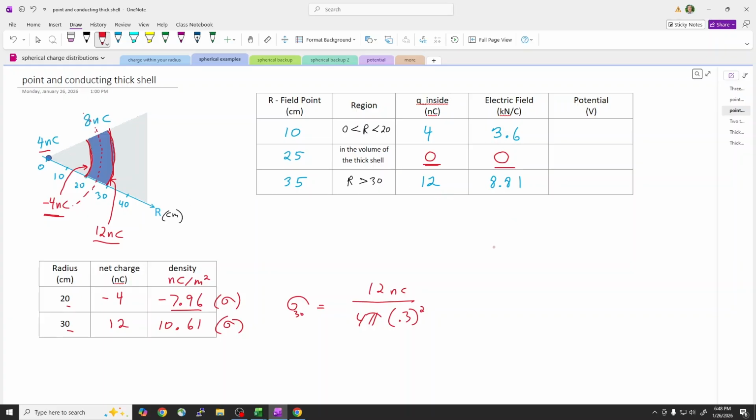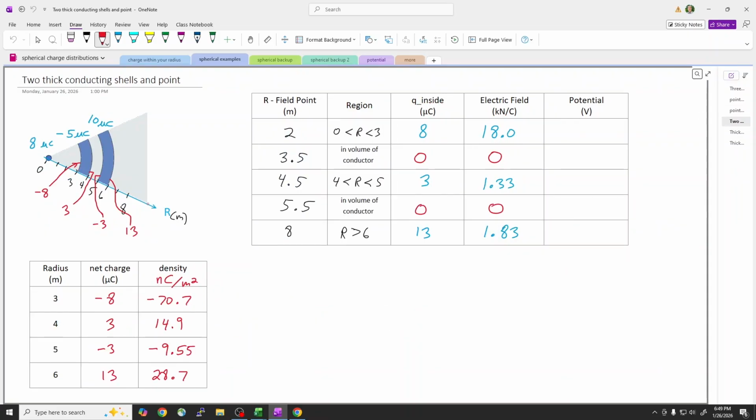From there, then, you can use the kQ over r squared, counting only Q inside, right? So very similar to before, except when you're in the volume of the conductor, we have no electric field, no Q inside. That helps us figure out these charge densities.